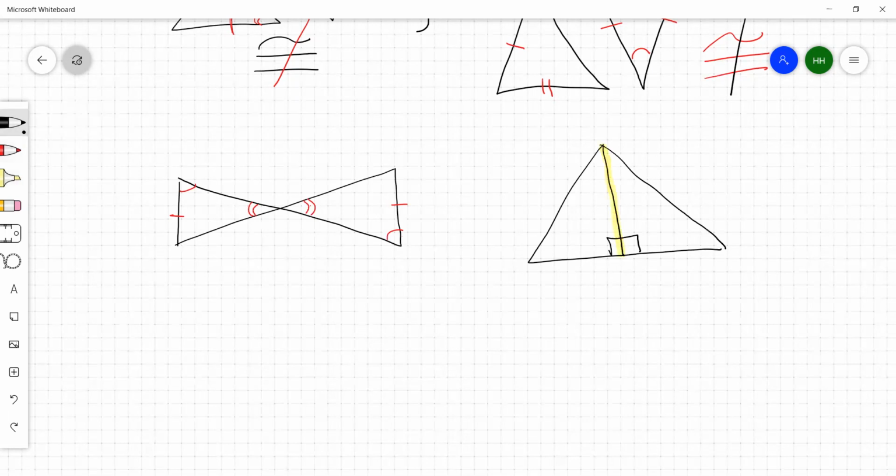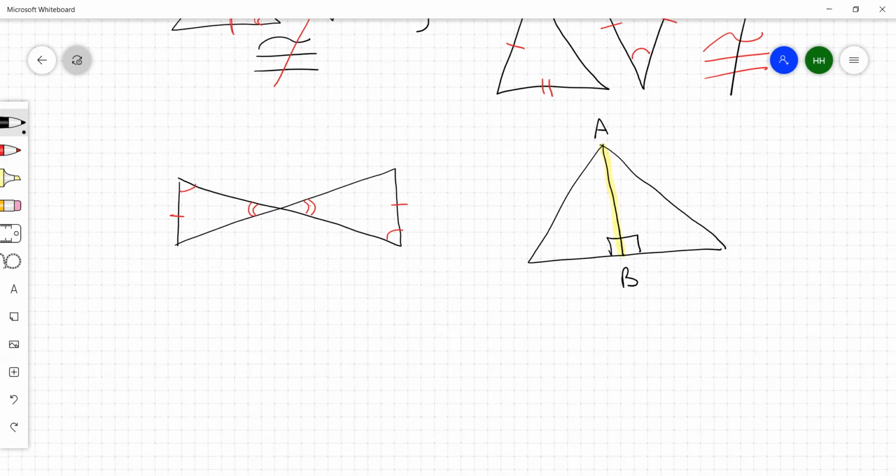If I call it AB, does everybody see that that's the vertical side for both triangles? Isn't that side length going to be the same in both triangles? But you're not going to get a tick mark put on it. And somebody's not going to tell you that AB is congruent to AB because it's in both triangles. So you're going to have to realize that when you see that picture.